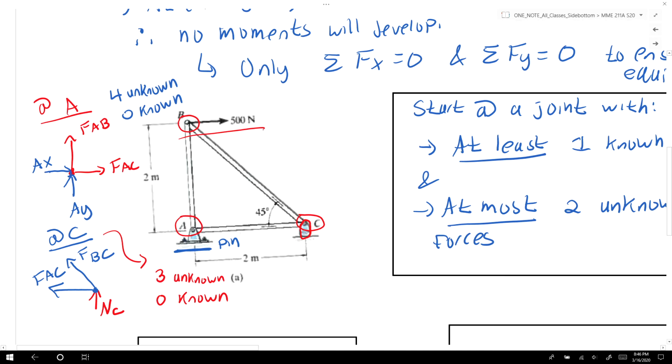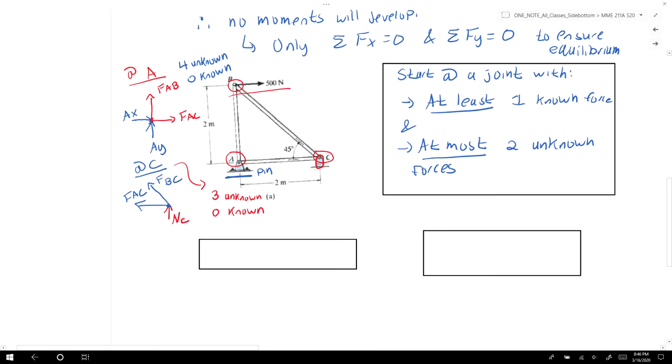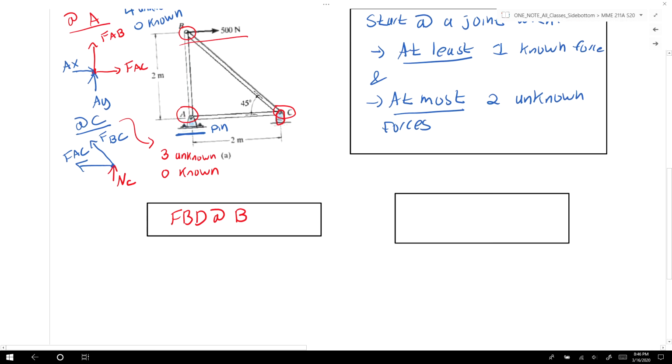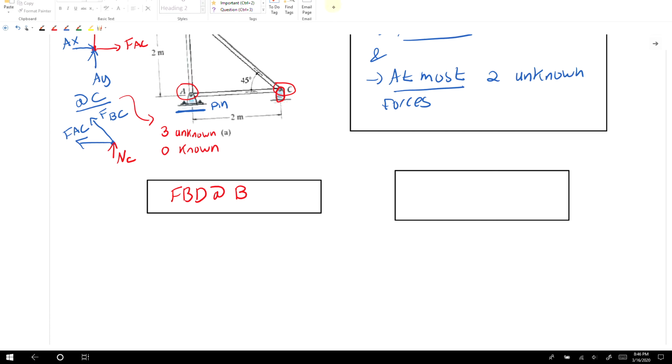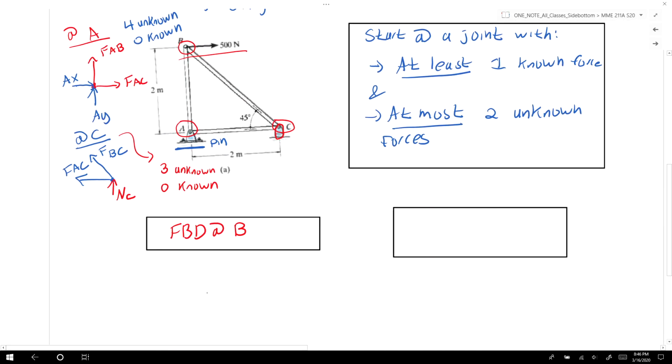So we're going to draw the free body diagram of joint B. At B, if we look up here, we have a known force of 500 newtons.